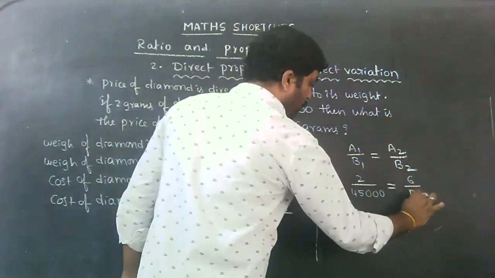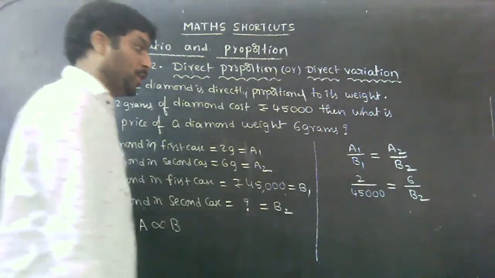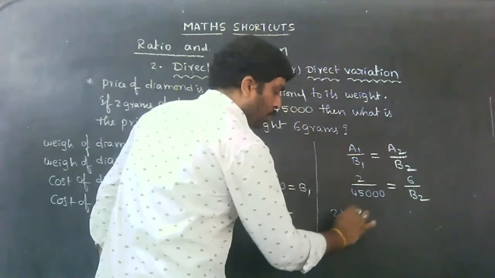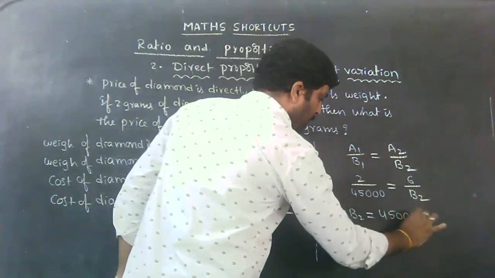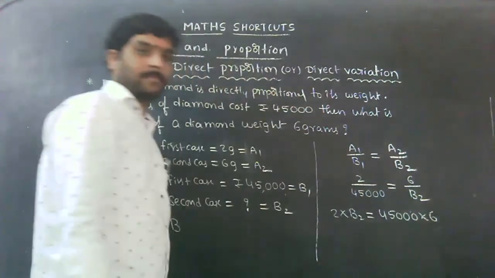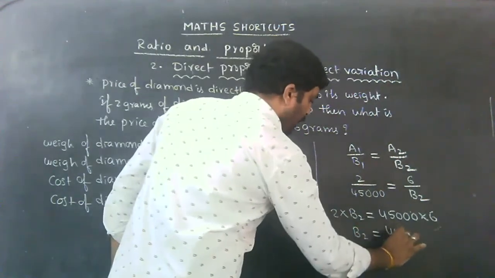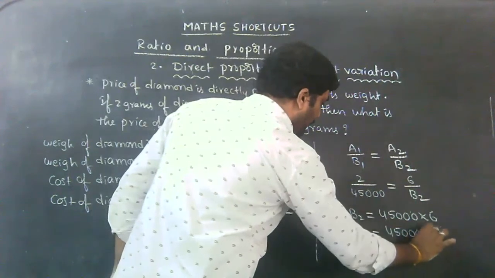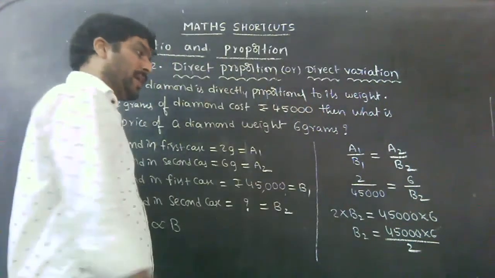Don't know B2. Let us do cross multiplication. 2 into B2 equals 45,000 into 6. Now B2 equals 45,000 into 6 by 2. We can do cancellation and you will get the answer.